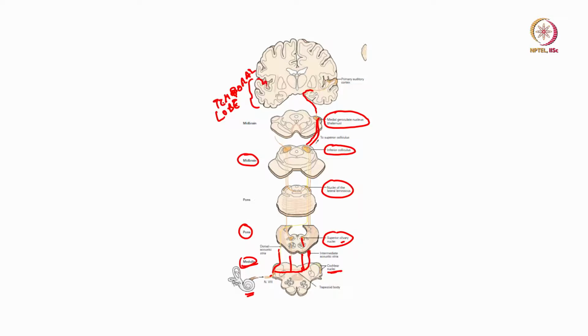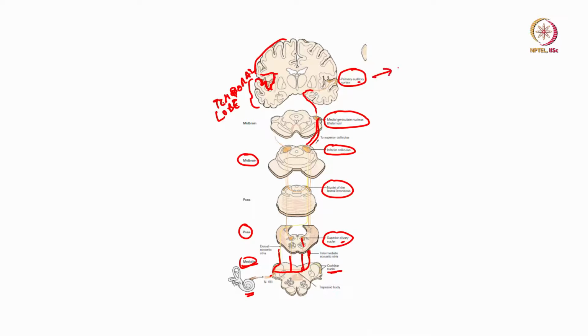The upper part of the temporal lobe, which is in close location to the insula and the frontal lobe, is the primary auditory cortex. Frontal lobe is this one, insula is this one.